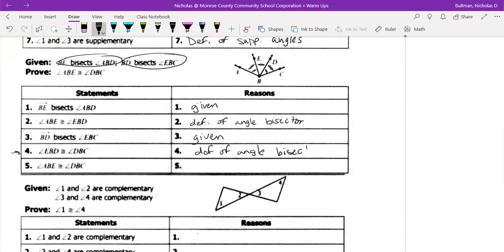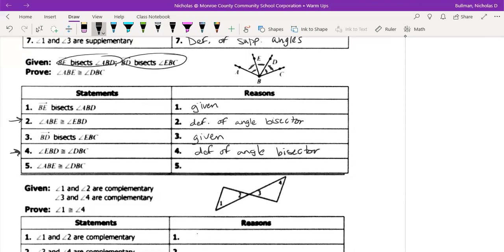And notice the last one is already at our answer. Angle ABE is congruent to DBC. Now I can't really just go off the picture on this. I need to look at my previous statements. The two previous statements I can try and use are statement 2 and statement 4. I've got angle ABE is congruent to angle EBD, and angle EBD is congruent to angle DBC.